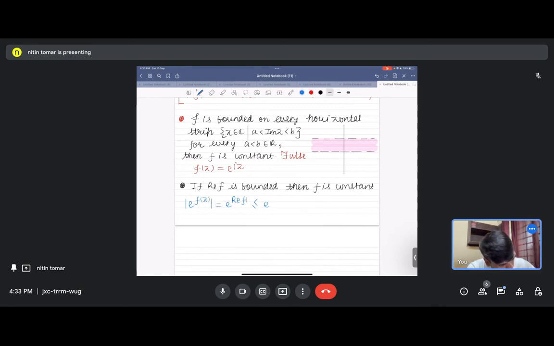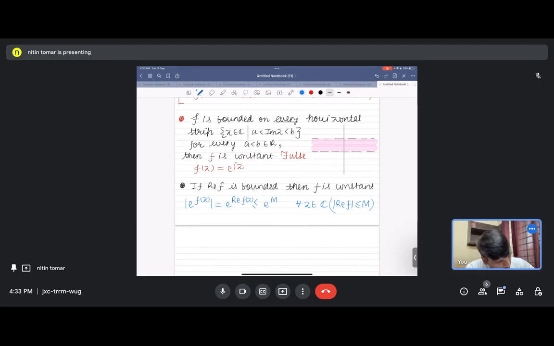The real part of f(z) will be less than some m, so the modulus is less than e^m for all z in C, because the real part of f is bounded by m, and exponential is an increasing function.